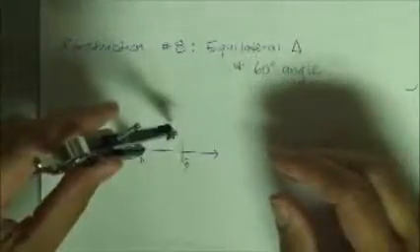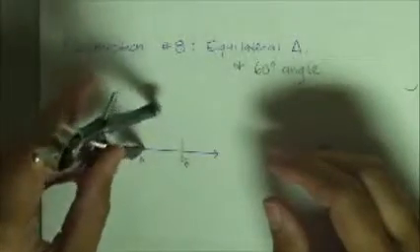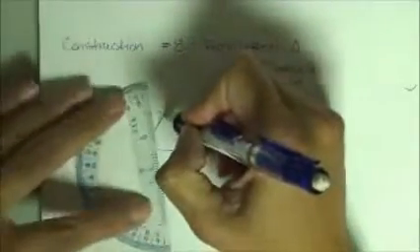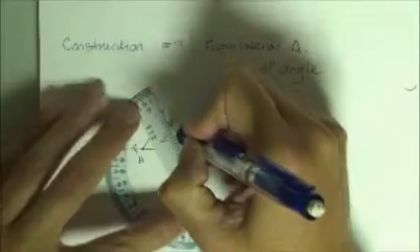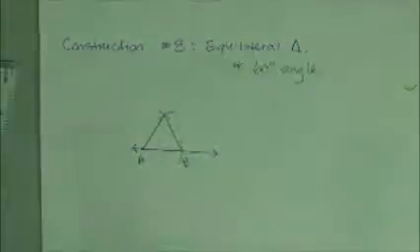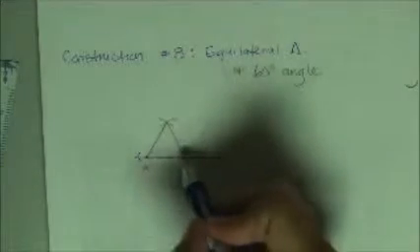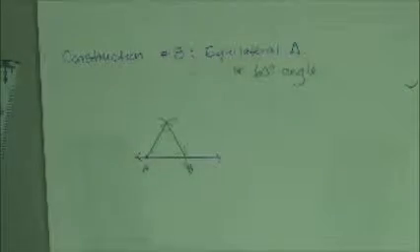So I'm going to pivot up to where my new point of my triangle is going to be. Change my pivot. Now with my straight edge, I should have three equal sides.